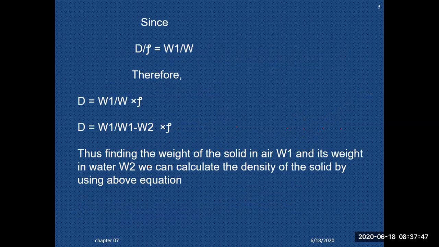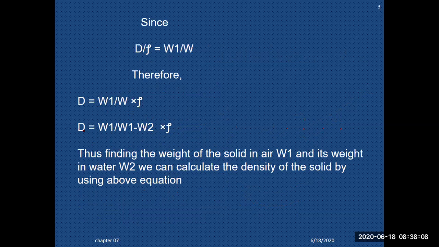Here, this one is the density that is unknown, and this is the density of water. It makes no difference which symbol you use. Thus, by finding the weight of the object in air, W1, and its weight in water, W2, we can calculate the density of the solid using the above equation.